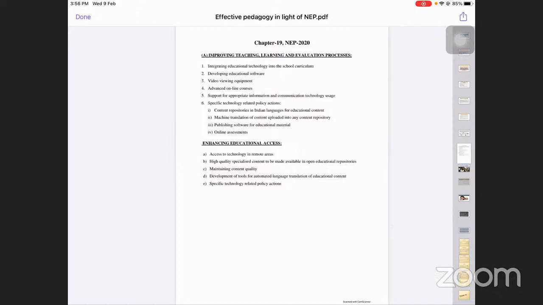Enhancing educational access to technology in remote areas, because we know that there is a gap between the haves and have-nots. So this should be filled, because those who are living in remote areas are unable to benefit from this kind of learning, this kind of teaching.